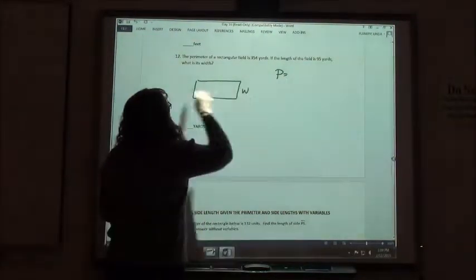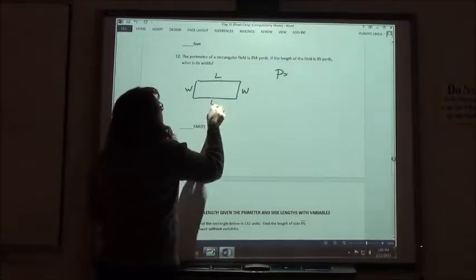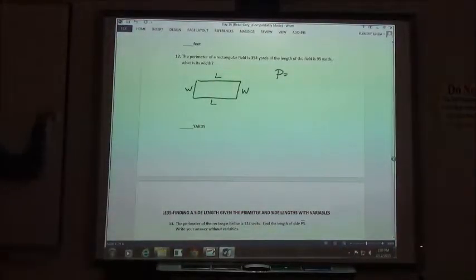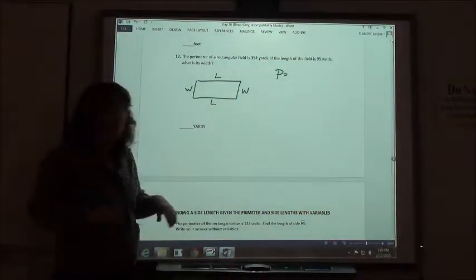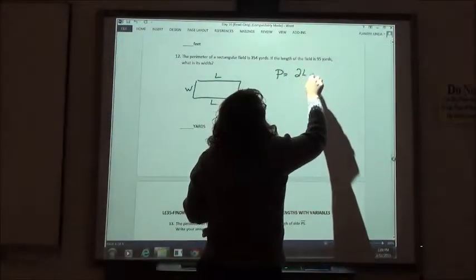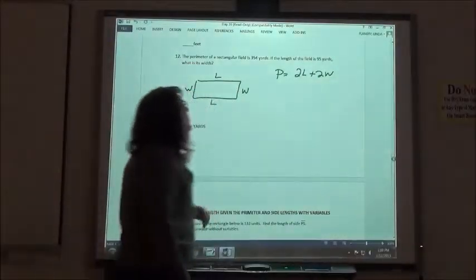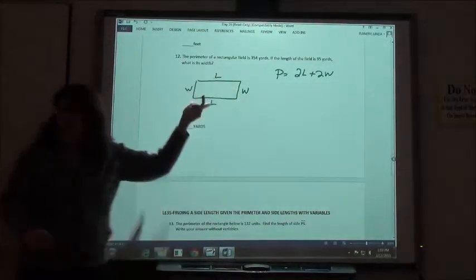This is my width, and this is my width, and this is my length, and this is my length. And if I'm doing perimeter, what do I do? Length times width. That's area. Oh, that's there. 2 times length times 2 times width. 2 lengths plus 2 widths, right? Okay. I have 2L plus 2W. That's my formula because I have 2 lengths and 2 widths if I add up my sides.